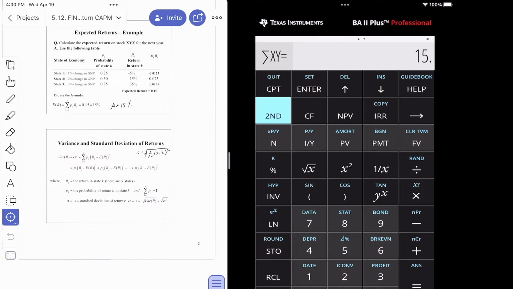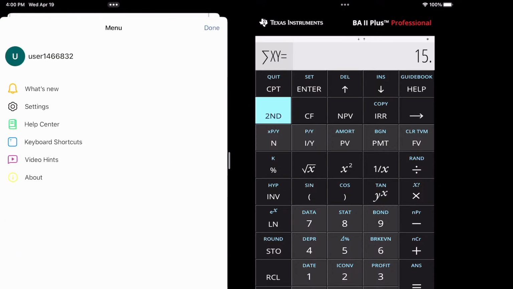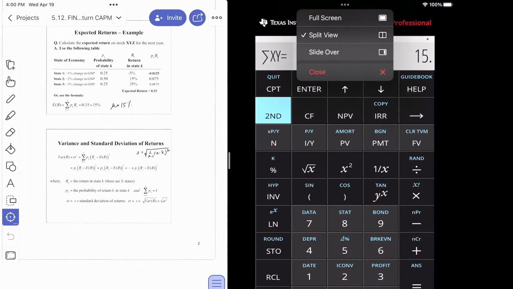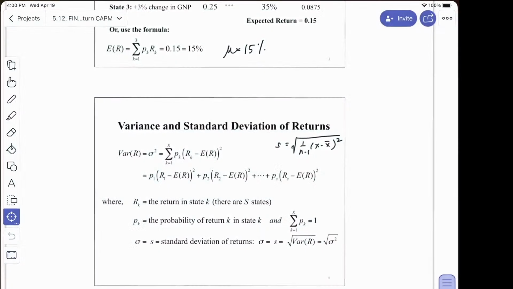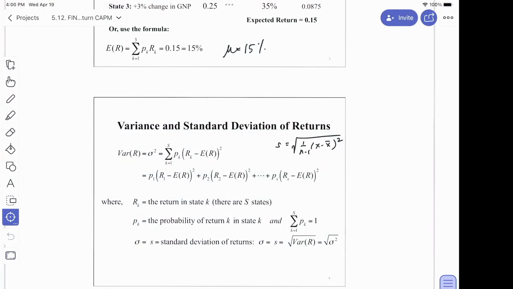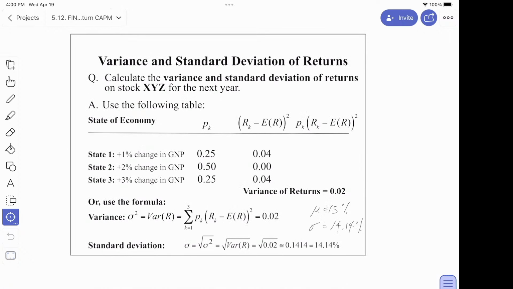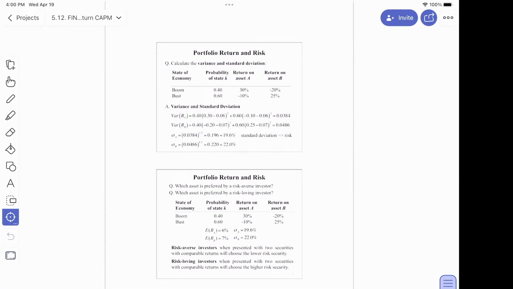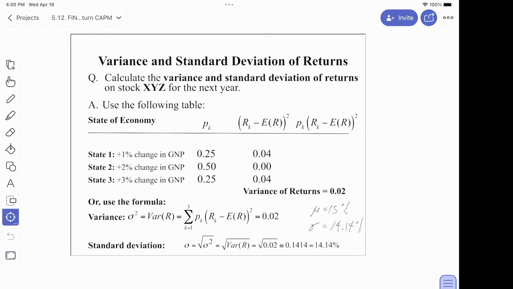I have to think back to my statistics tricks. Okay, so I'll put that on my list of things I need to do. All right, so we left off here.